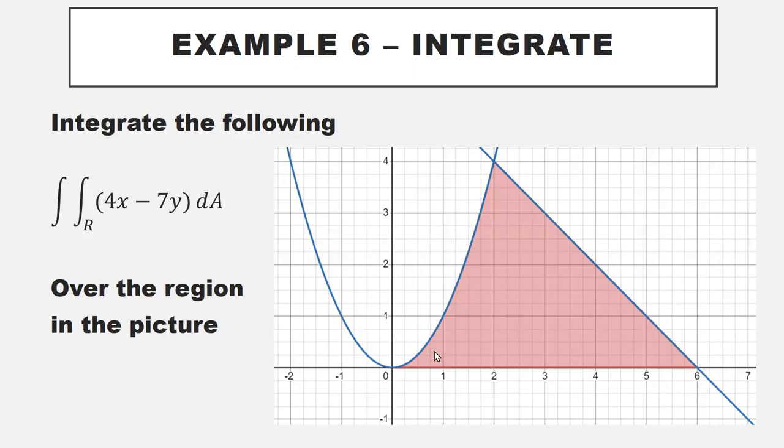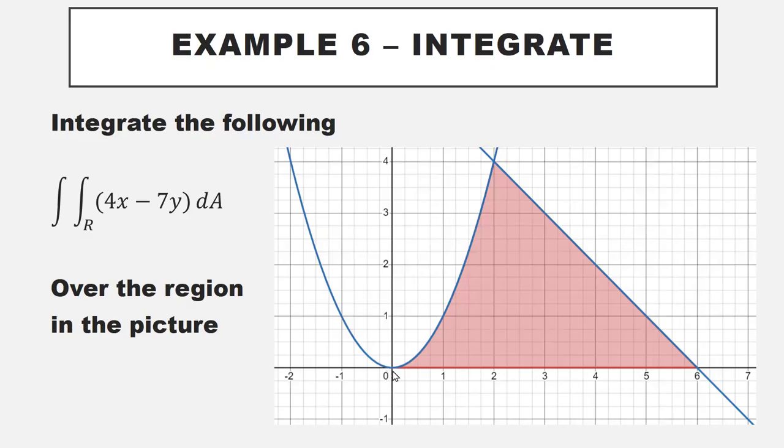Now, there's a couple of ways I can do this. If I want to get this region, one way I can do it is to split it up into two regions.